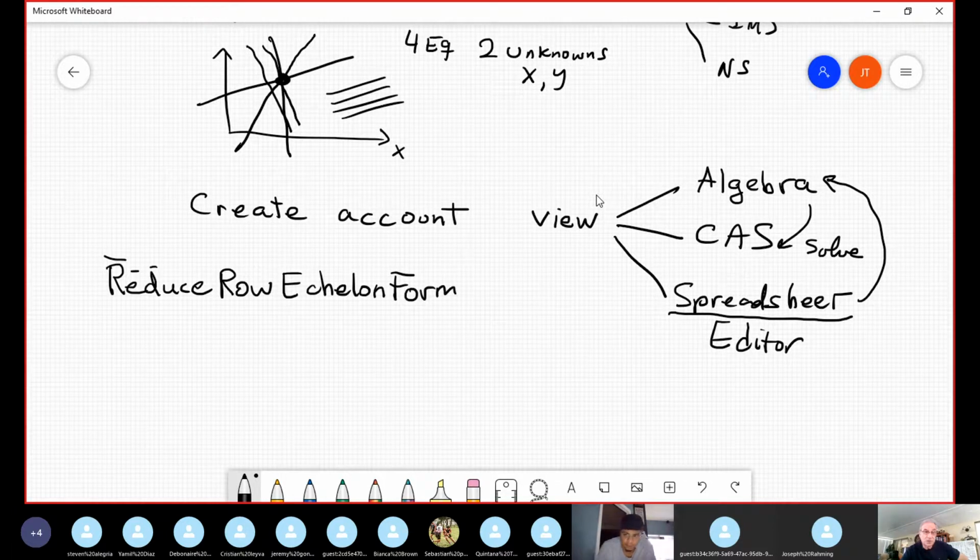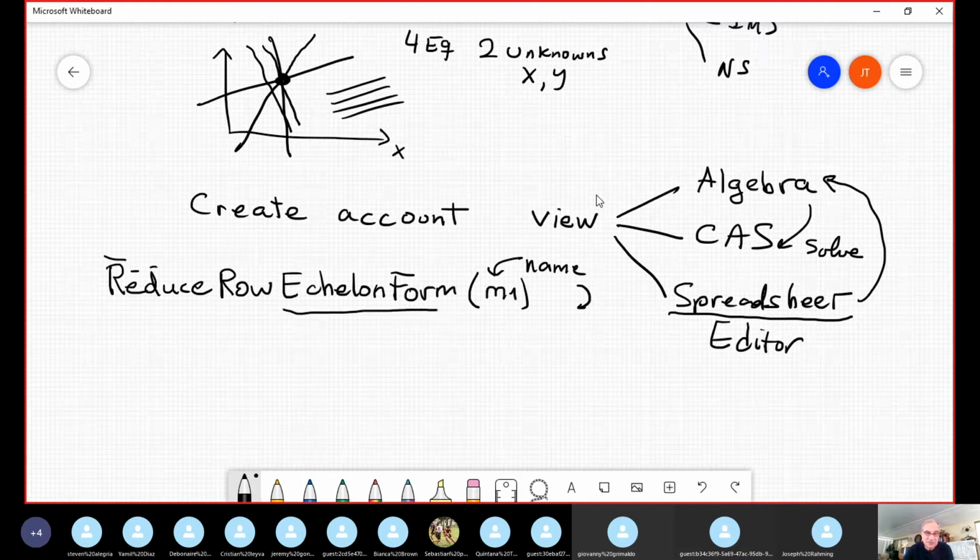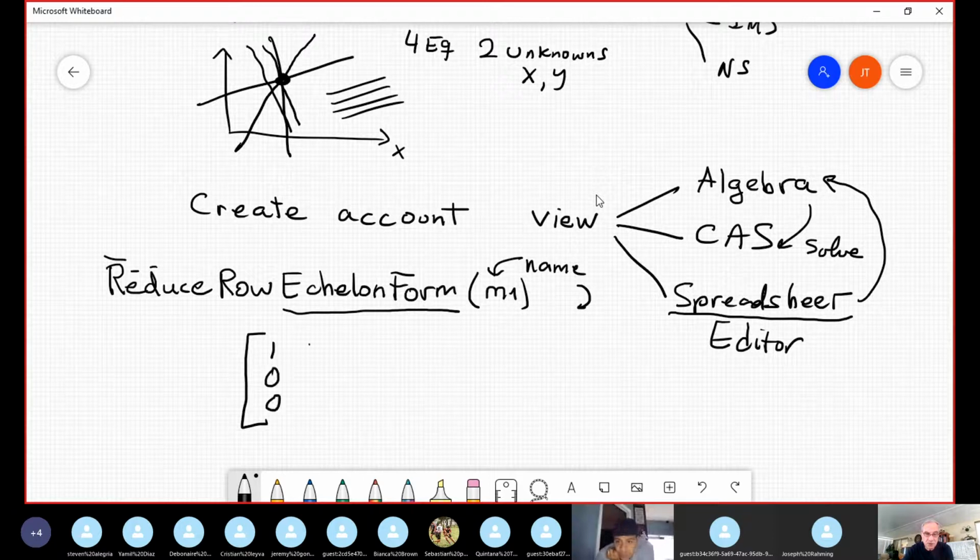Okay. So you type in capital R, E, D, U. Automatically you see the name. Inside you put the matrix N1, or the name of the matrix. Press enter, and then the echelon is this form in which the matrix contains a pivot 1, 0, 0, the second pivot 0, 1, 0, the third 0, 0, 1.